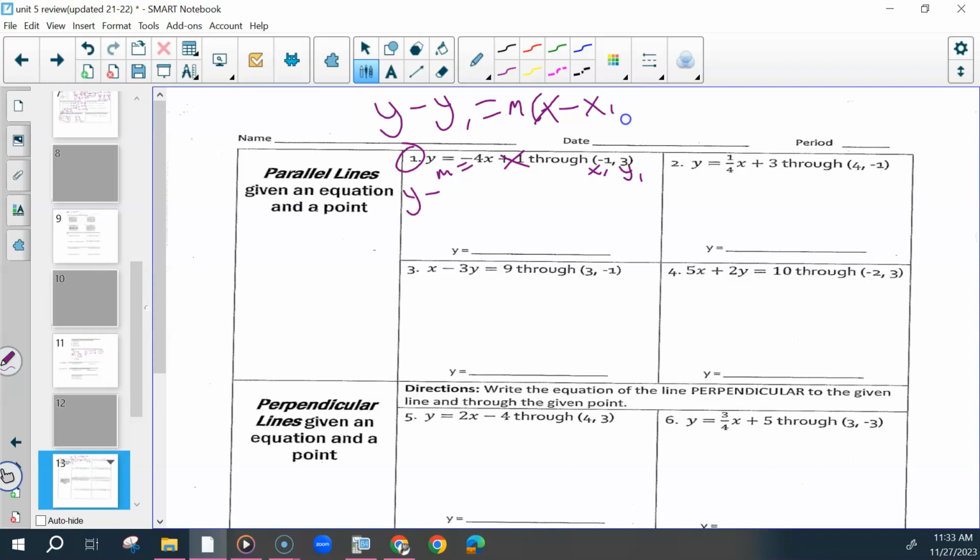So y minus, our y1 is 3, equals our slope, -4, times x plus 1, or minus negative 1, and then we change it. Distribute, and add 3. What is our new equation? Y equals negative 4x minus 1 would be our parallel line, or our line that is parallel to the original that goes through that point.